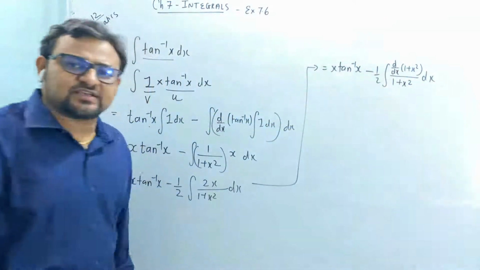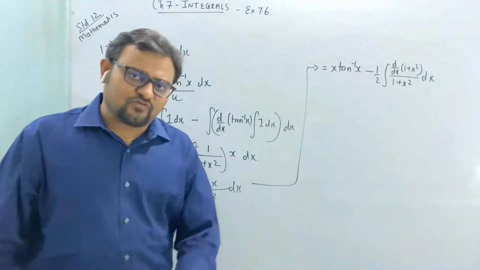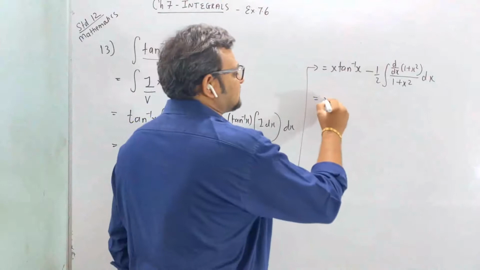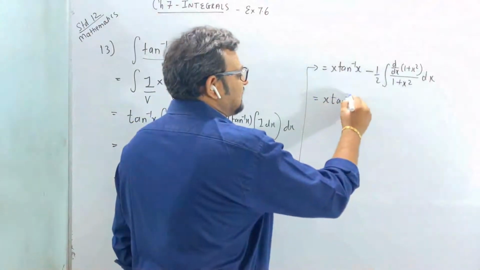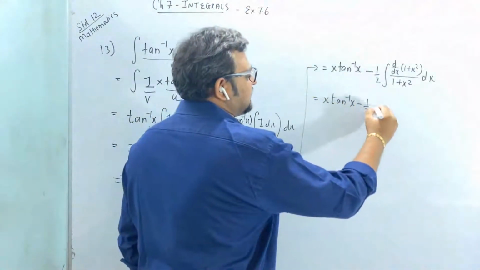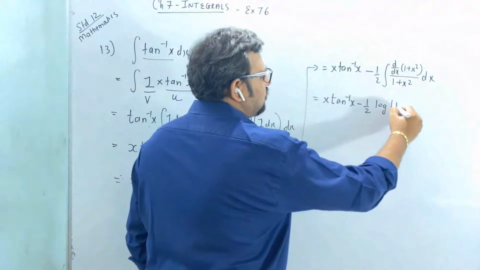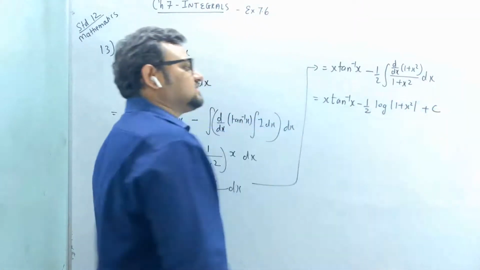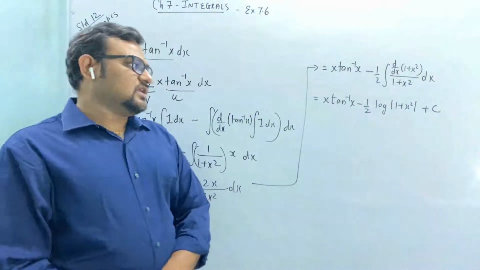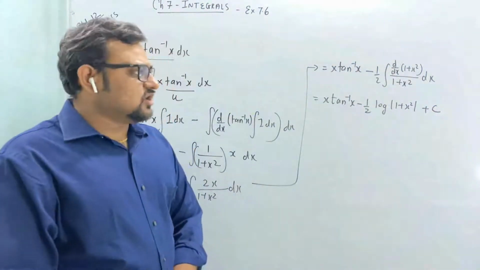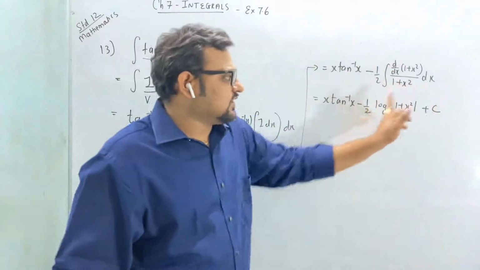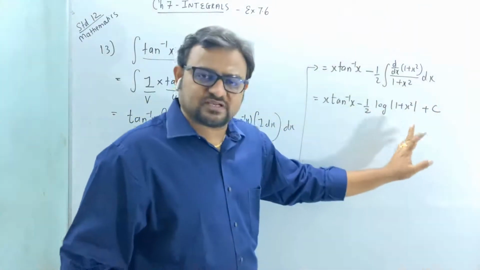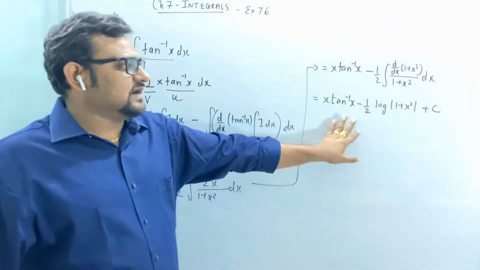F dash x by f x will be equal to log of f x. So this is x tan inverse x minus 1 by 2 log of 1 plus x square plus c. Okay, you can also take this 1 by 2 inside as a square root, like minus log square root of 1 plus x square. Okay, at present let it be this.